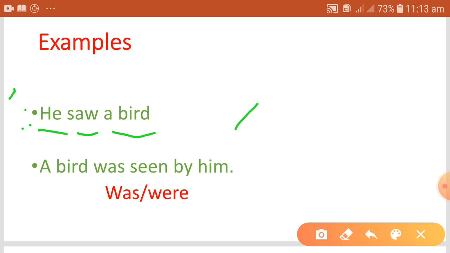So, if the sentence is in simple past tense, which supporting verbs can be taken? Yes, we can take was or were as the supporting verb while converting that sentence into passive voice.